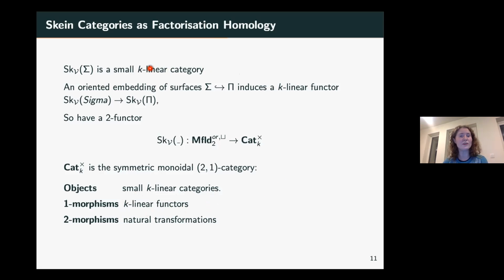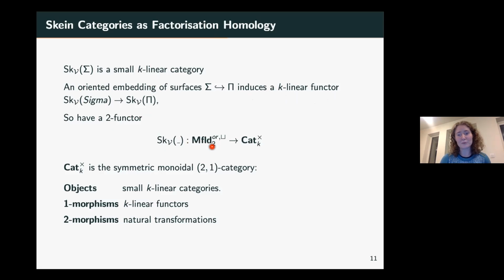And we defined our Skein category of our surface to be a k-linear category, where our morphisms are just formal k-linear combinations. So we pretty much defined it to be a k-linear category. Also, if you take an embedding of surfaces, the embedding is going to induce a functor from the Skein category of the first surface sigma to the second surface.